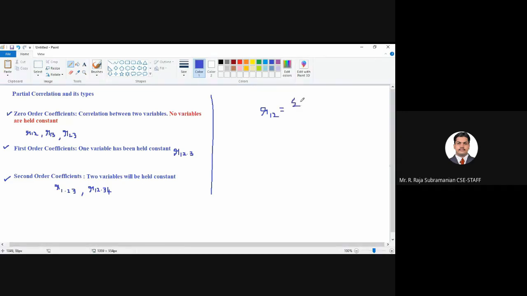We initially wrote this formula for the correlation coefficient between independent and dependent variable, and that will be used: summation x1 x2 divided by the square root of summation x1 squared into summation x2 squared.